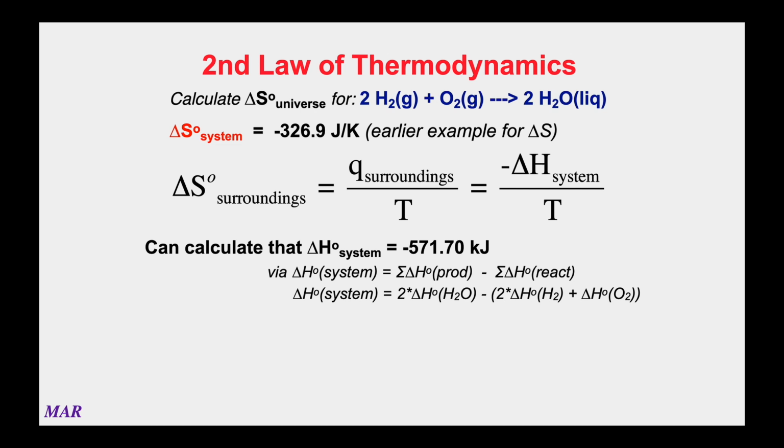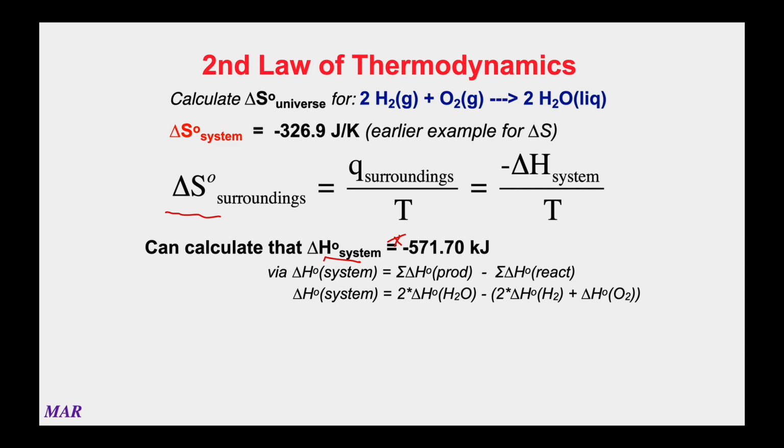Now, the delta H of the system is actually a number we already calculated. That was the delta H of products minus delta H of reactants. And we saw that the hydrogen and the oxygen had 0 values, but water was a number we could look up. We ended up calculating it was a negative 571.70.